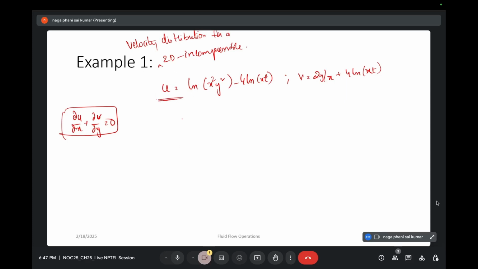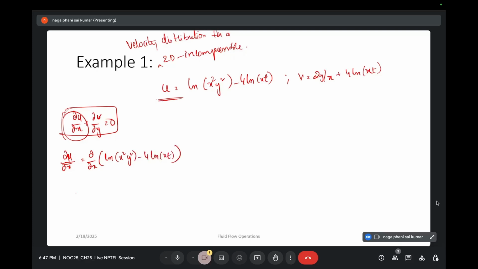Okay, so first let's do dou u by dou x. Let's just substitute u here. We will be getting dou by dou x of ln x square y square minus 4 ln xt.